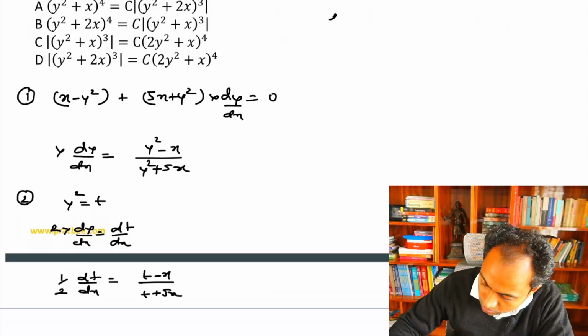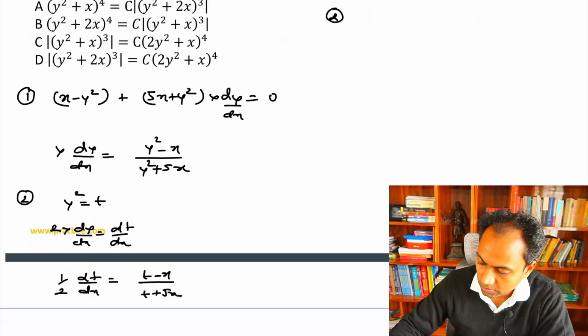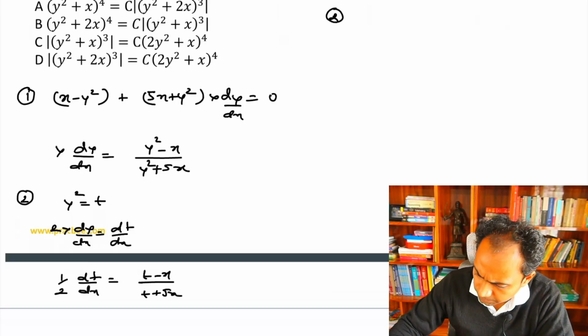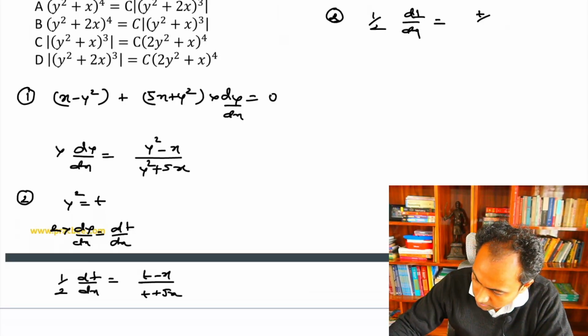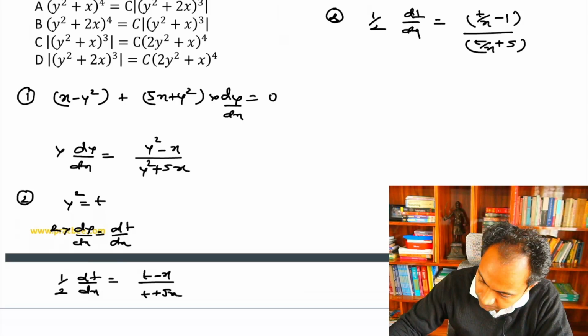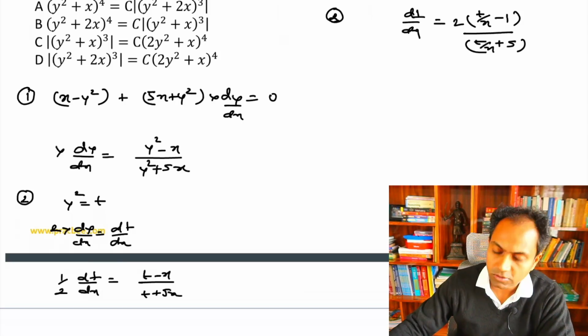In order to solve this one, we can simplify it in the third step. Write this as 1 by 2 dt by dx as nothing but (t by x minus 1) by (t by x plus 5). Let us also take this 2 on the other side. This is what we are getting.